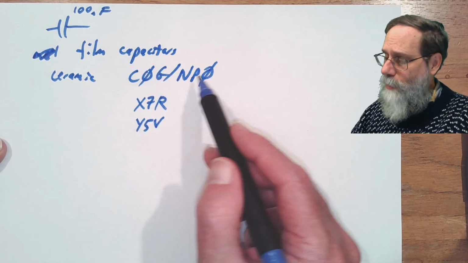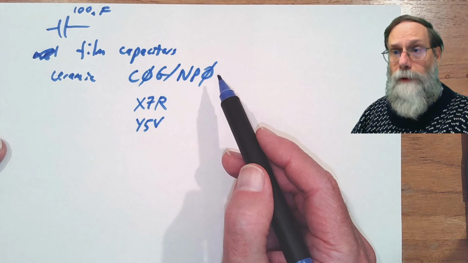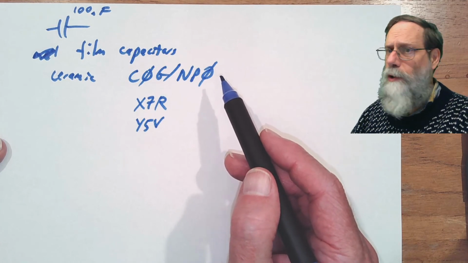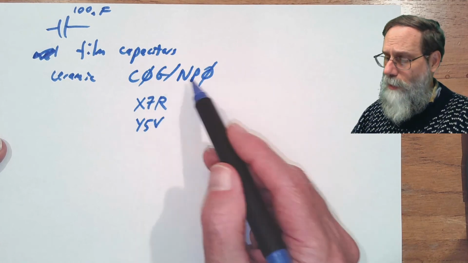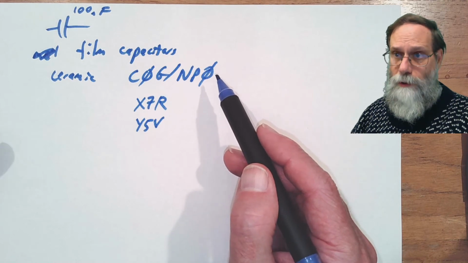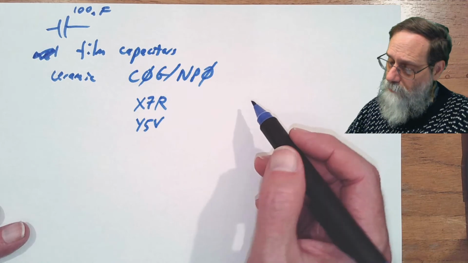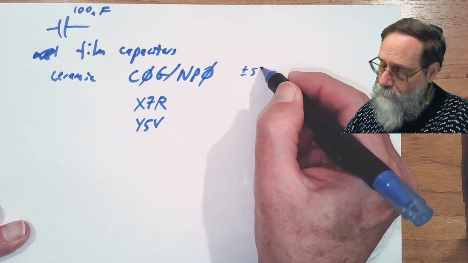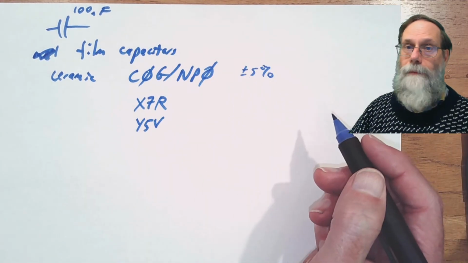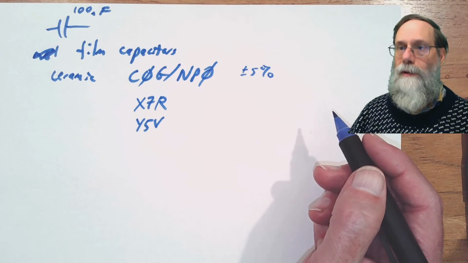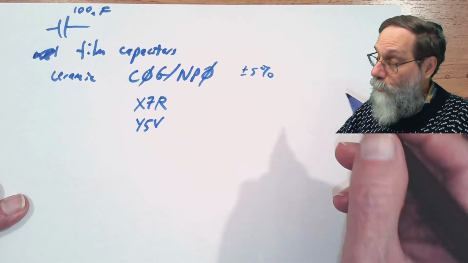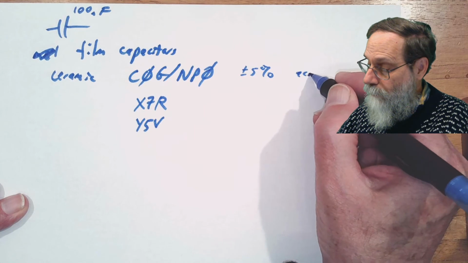Now the C0G and the NP0 is not a very high dielectric constant, so you don't get really big capacitors with those, but they're like plus or minus 5% on the tolerances, and that's across the whole temperature range.